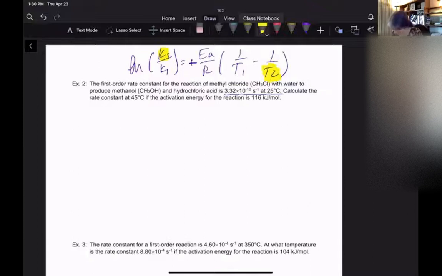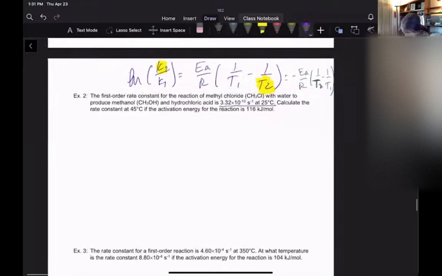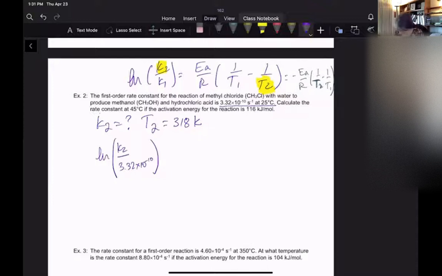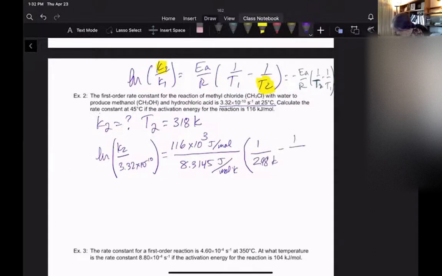Right, because this equals minus EA over R times 1 over T2 minus 1 over T1. Okay, how does that look?